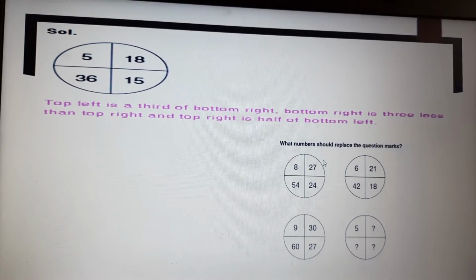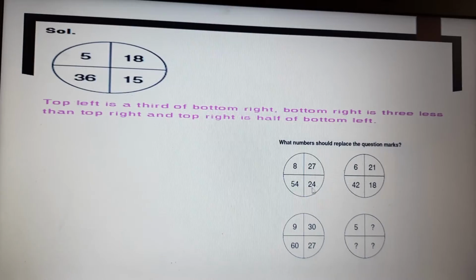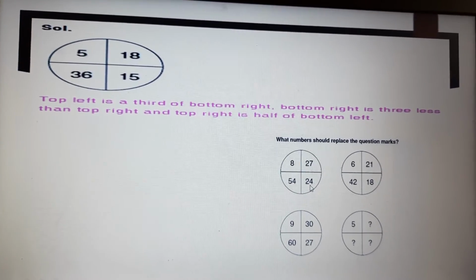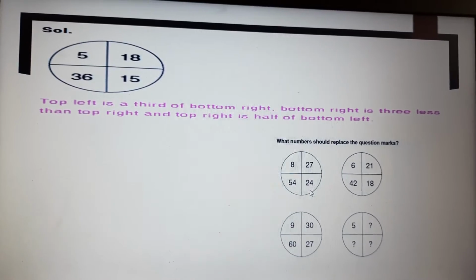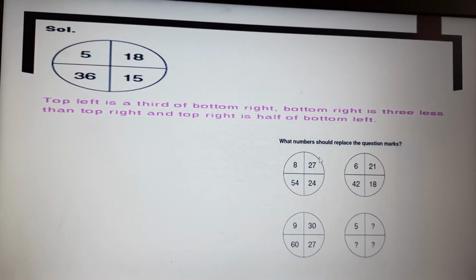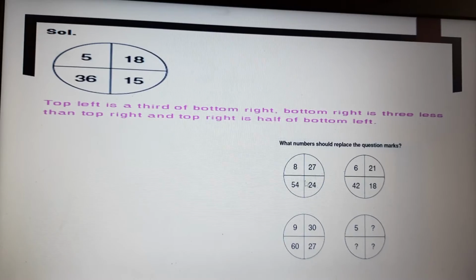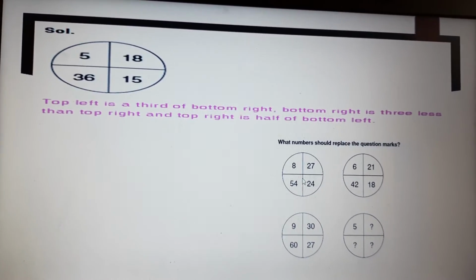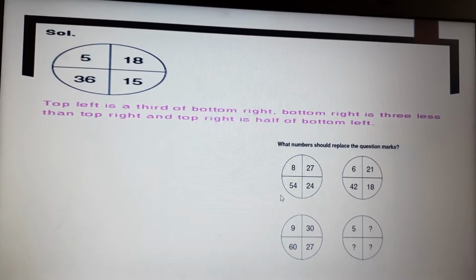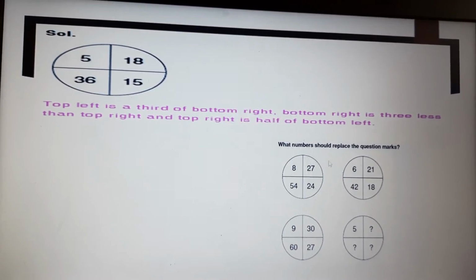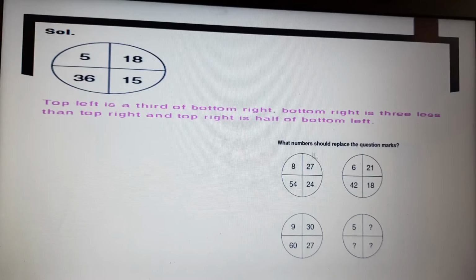So if you compare the difference between the bottom right and top right, it should be 3, and the top right is half of bottom left. So if you see it, double of 27 becomes 54. So this is the logic behind the circle.